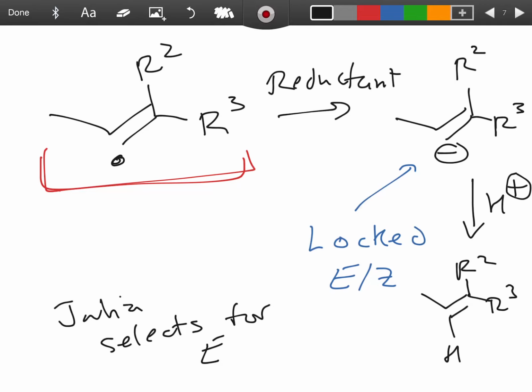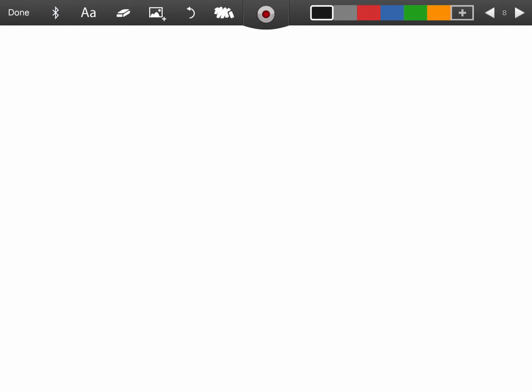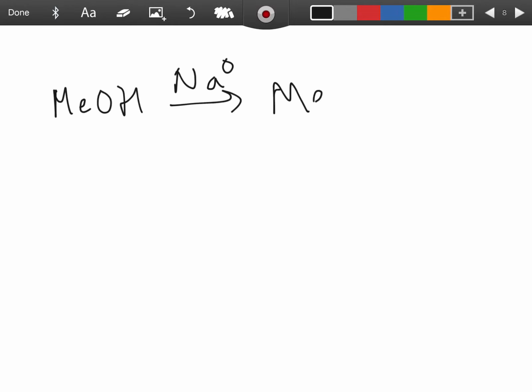and then they use sodium, mercury, and methanol. So there's no base added here. So what's happening is when you mix methanol with sodium metal, you make sodium methoxide and hydrogen gas.